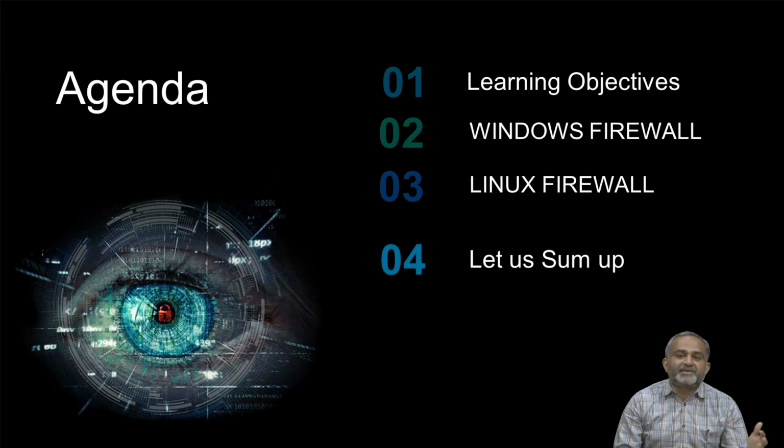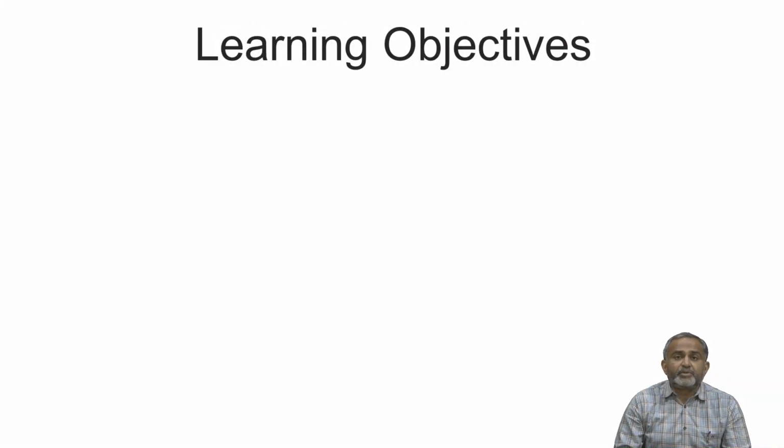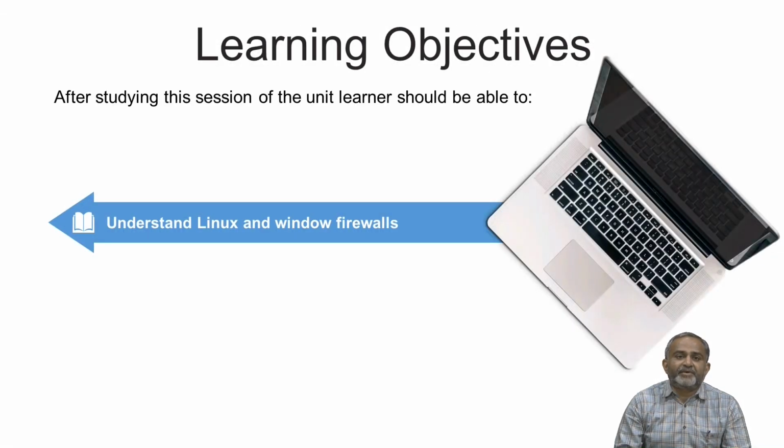So in this session we will go through the Windows firewall as well as the Linux firewall, and we will also learn the difference between the inbuilt firewalls of both these operating systems.